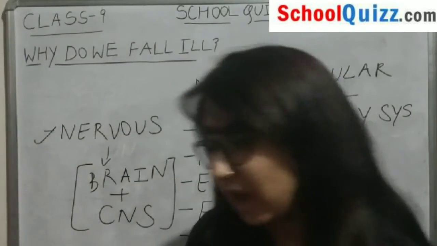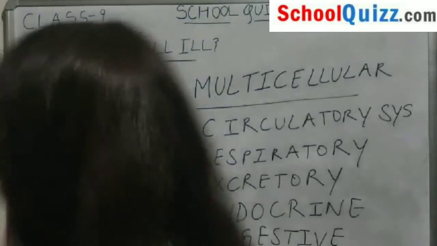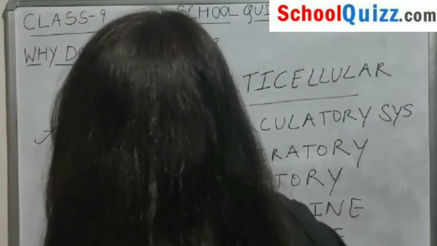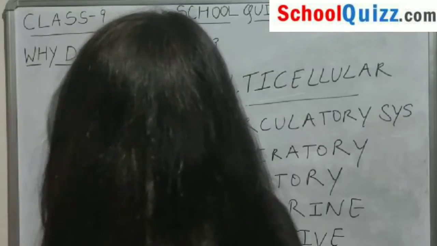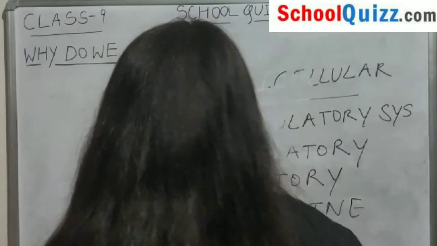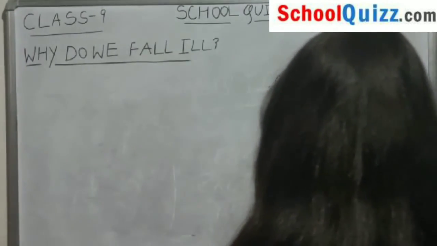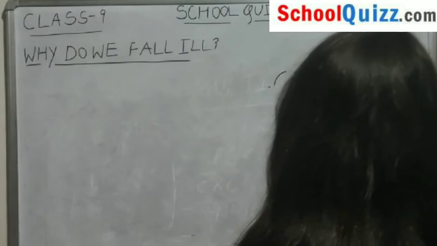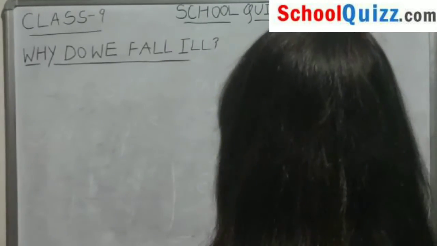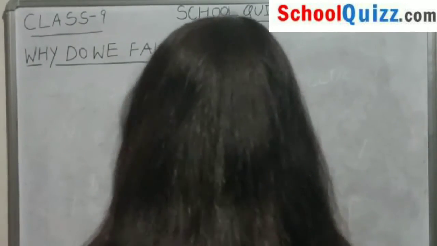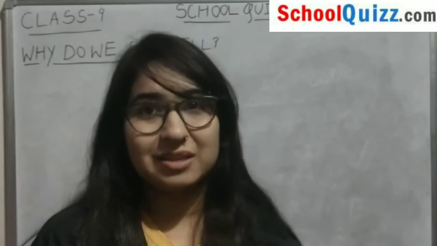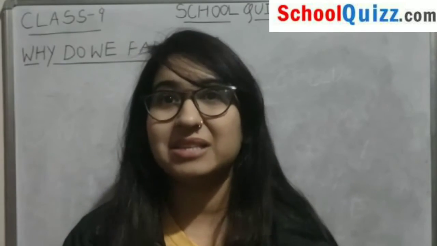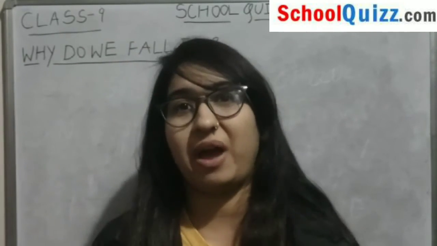Okay, so now as we have seen the mechanism which is involved, we should know how we actually get ill. The cell is so beautifully designed, and at each and every process there are certain checkpoints, things are checked so nicely, and still we fall ill. Why?